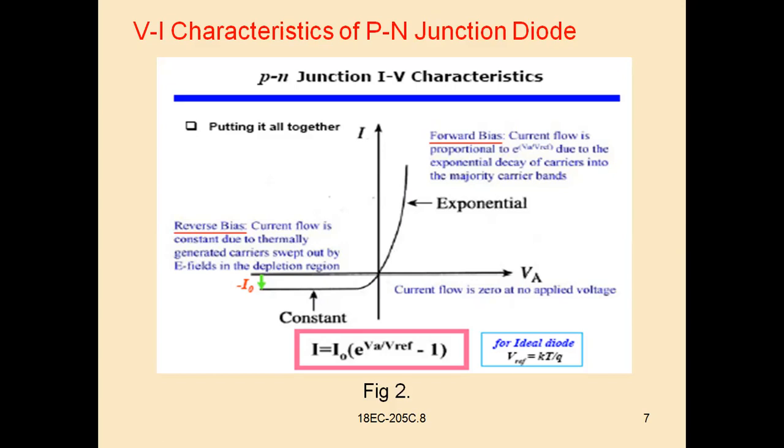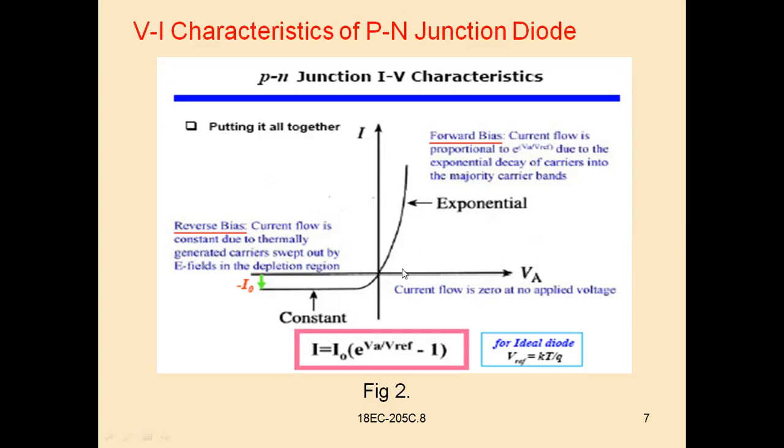In the first quadrant, both voltage and current are positive. This you are going to observe in the forward bias condition as the voltage increases. When this forward voltage overcomes the barrier potential, in case of silicon, it is 0.6 to 0.7 volts. If it is germanium, it is 0.2 to 0.3. If that barrier potential is crossed, what happens?